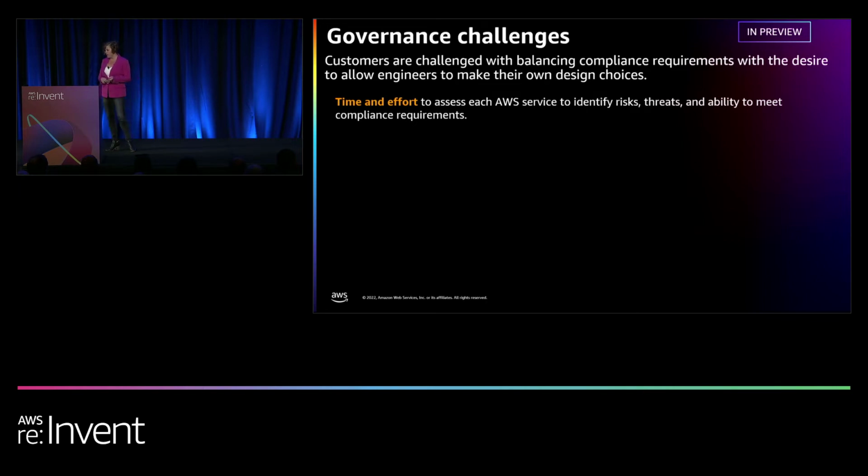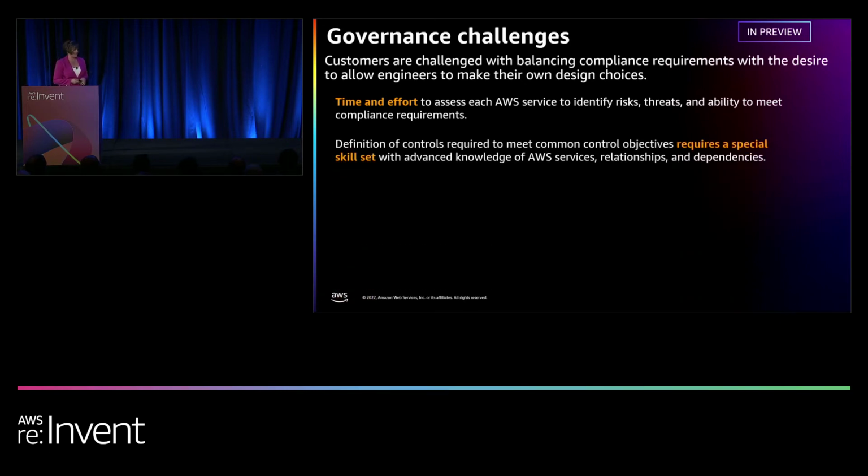Then you have to figure out what controls you need in place, not only to address risk, but also to address your common compliance requirements: NIST, SOX, PCI, the list goes on and on. You've got to identify the risks, define the controls, and implement those controls at scale across maybe one account, probably thousands of accounts in multiple regions. And then you've got to maintain all of that. It can be quite exhausting.